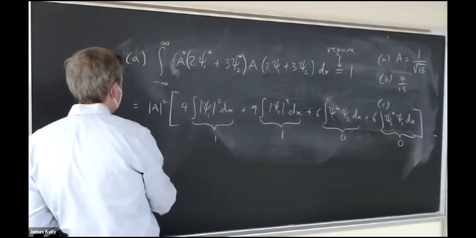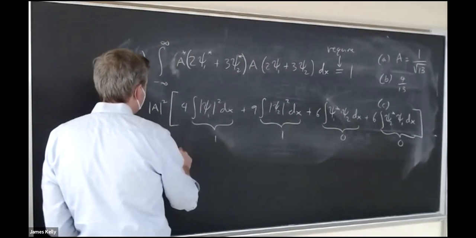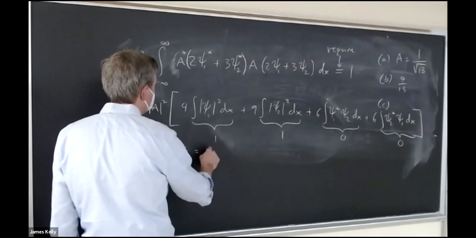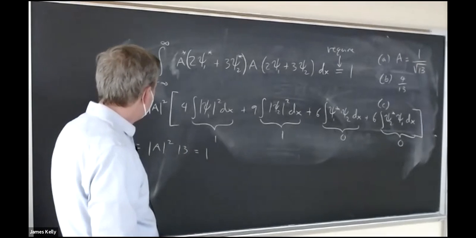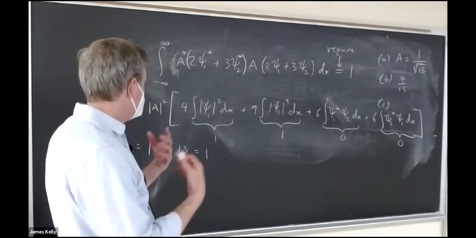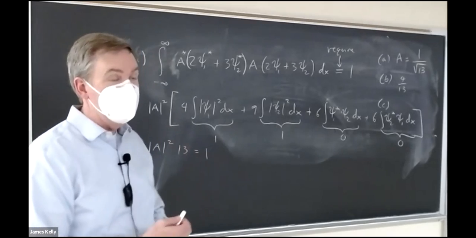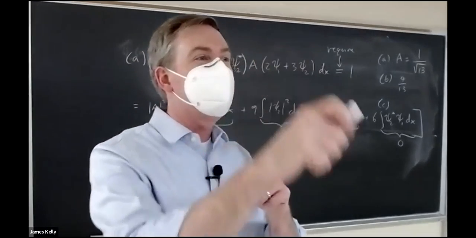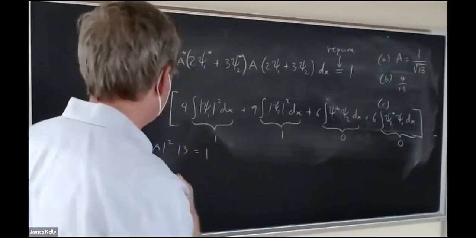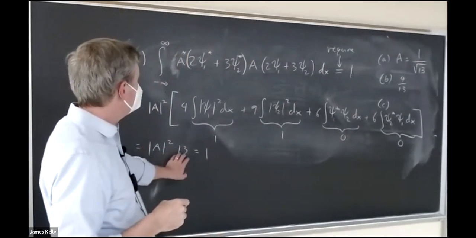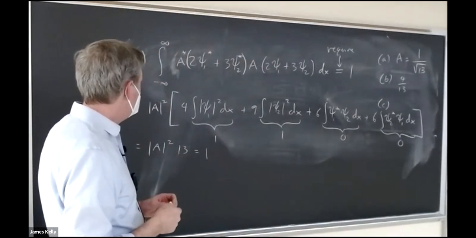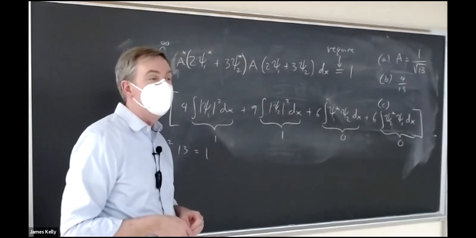So that means the magnitude of A squared times 13 is equal to 1. And that means A, if I want to make A real, and usually you can make A be any complex number that has the right magnitude to make it normalized, we'll choose A to be real, and that means A could be 1 over the square root of 13.